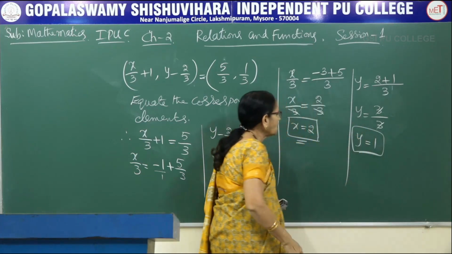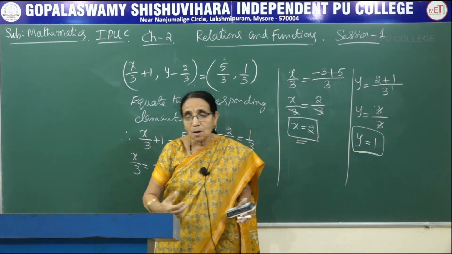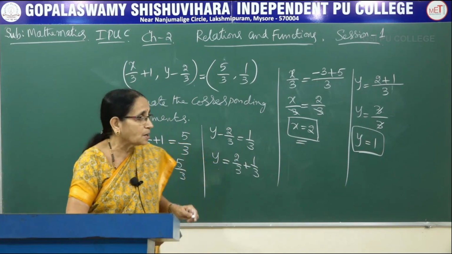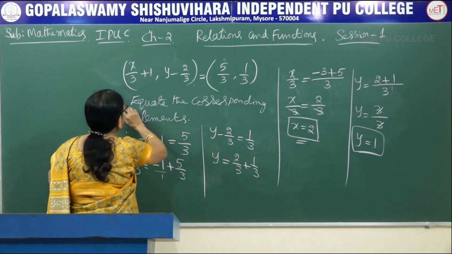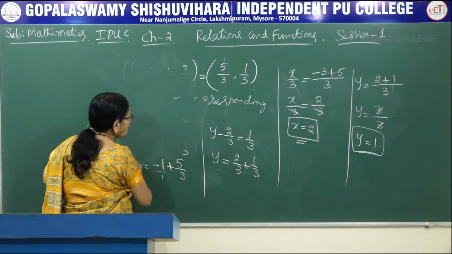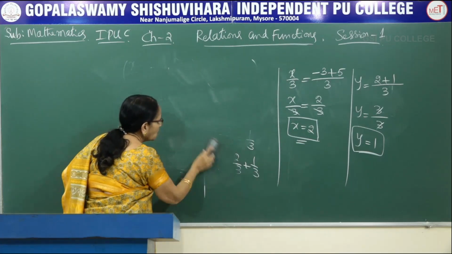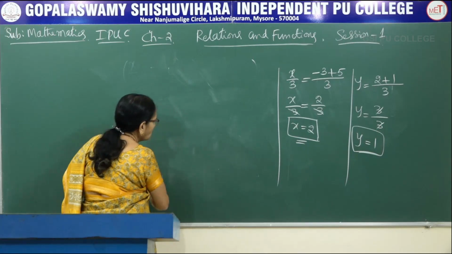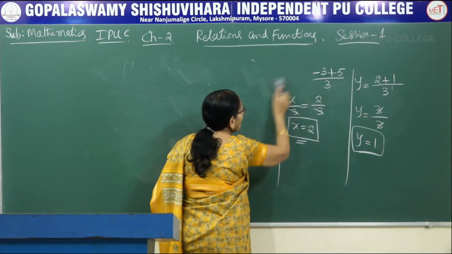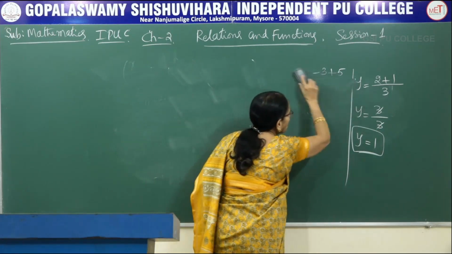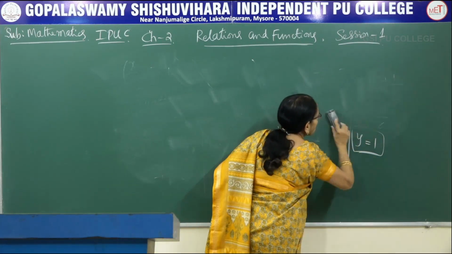So the value of y is 1. Though in the problem we had fractional values, for x and y we have got only whole numbers, integers here. Now this is the procedure we adopt to get the values of x and y when two ordered pairs are equated.